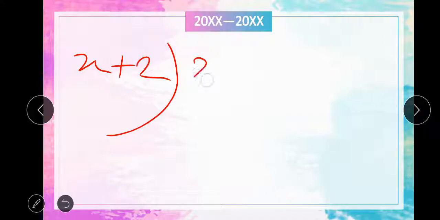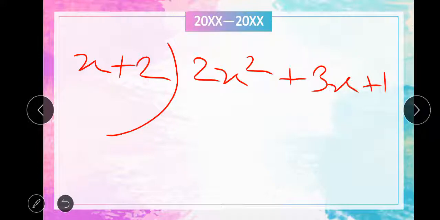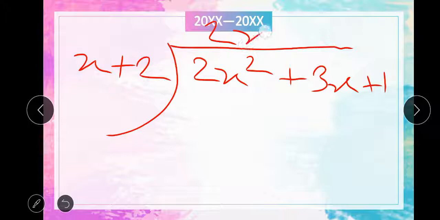Here, we have x plus 2 as our divisor and 2x square plus 3x plus 1 as the dividend. Now we have 2x: multiplying x with 2x we get 2x square.